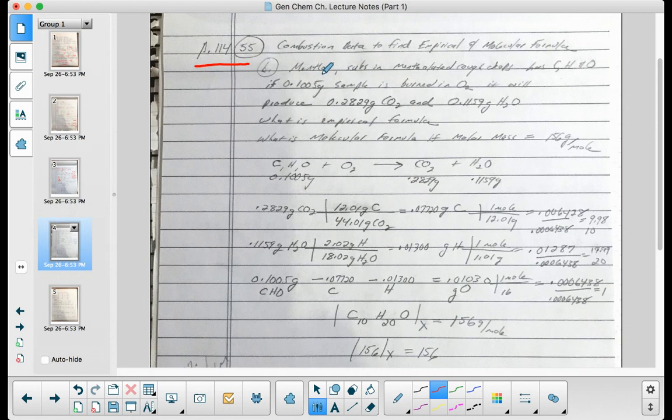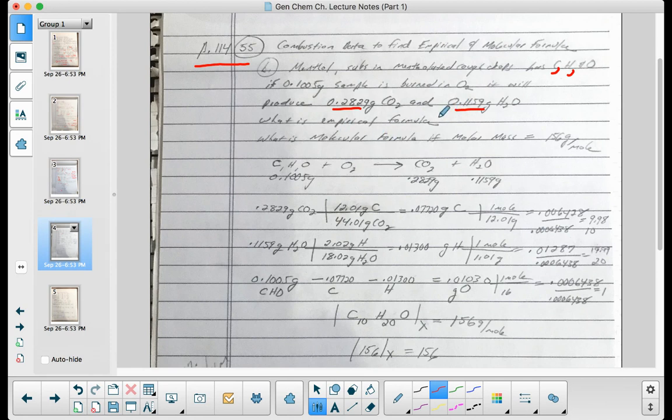So the problem states this: menthol, which is a substance in mentholated cough drops, has carbon, hydrogen, and oxygen. And the problem states if a 0.1005 gram sample is burned in oxygen, it will produce that amount of carbon dioxide and that amount of water.